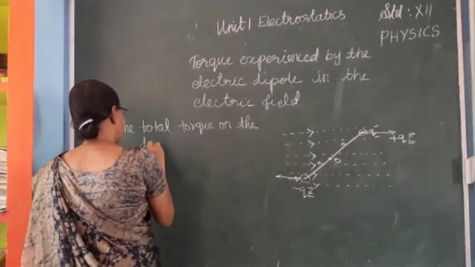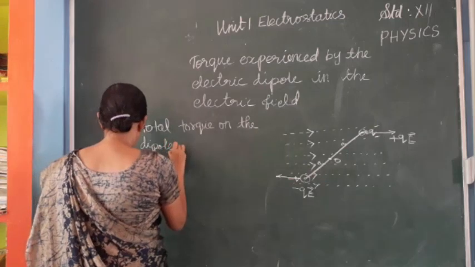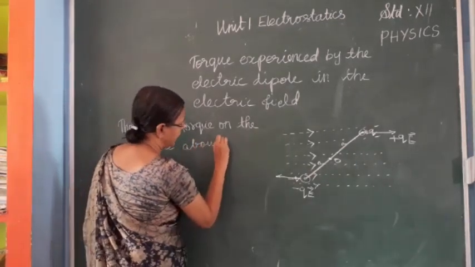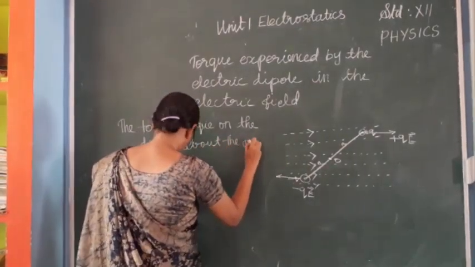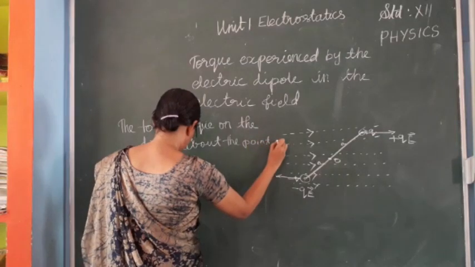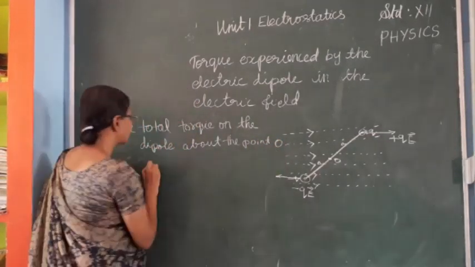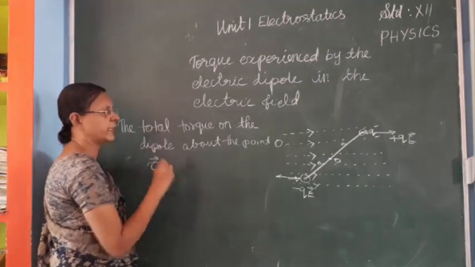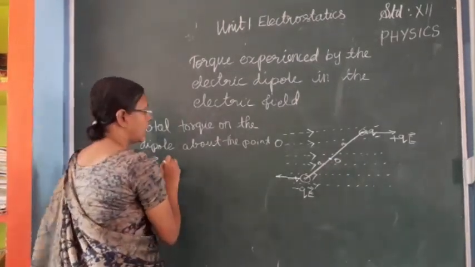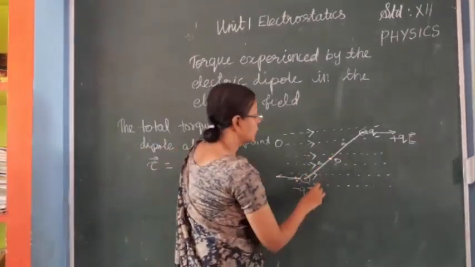The total torque on the dipole about the point O, we can write as tau vector. Here, one more thing you see.